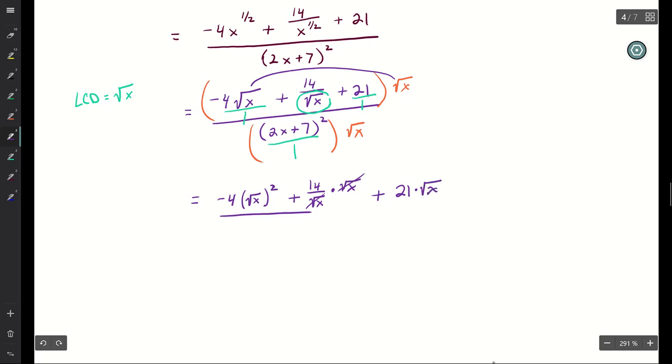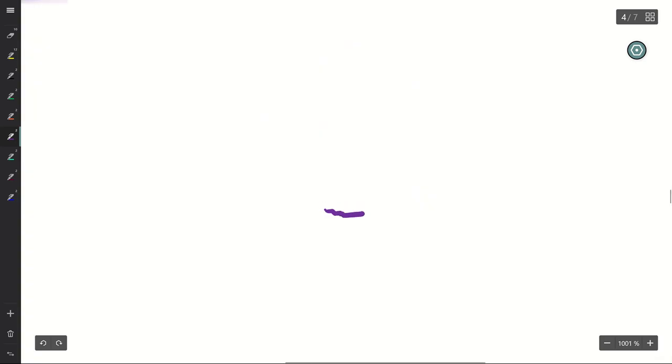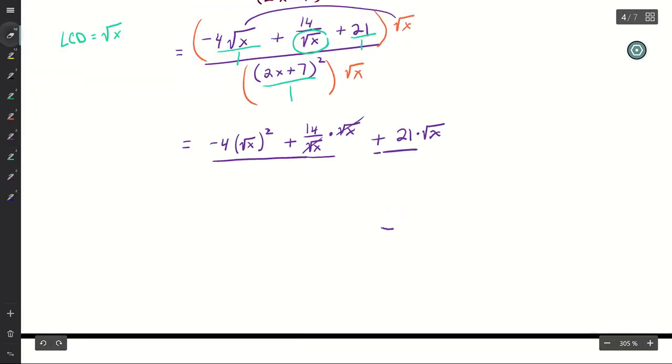Now, in the denominator, we notice that the 2x plus 7 all squared is over 1.